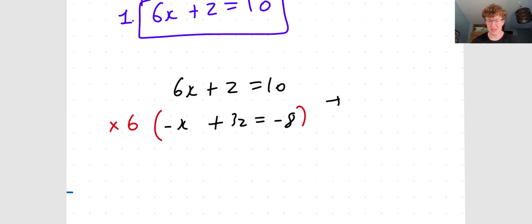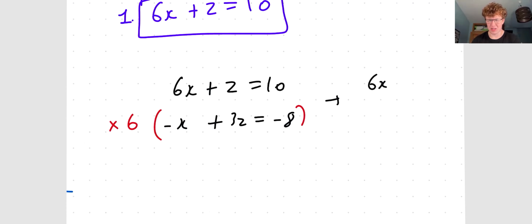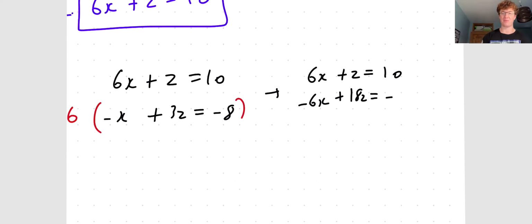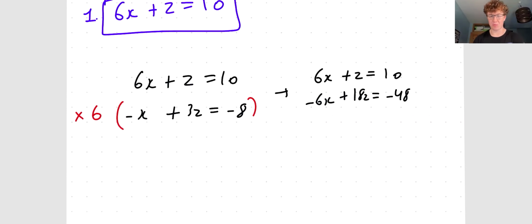So 6x plus z is equal to 10, and then we're going to have minus 6x plus 18z is equal to 6 times minus 8, which is negative 48. So draw a line. These two are going to cancel. We're going to have 19z is equal to negative 38.